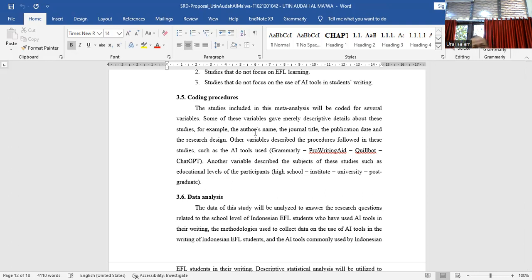Nanti coding emerging, emerging themes gitu. Jadi nanti temanya apa, your research berdasarkan procedure of the coding. Dia persis seperti kualitatif data analisis.